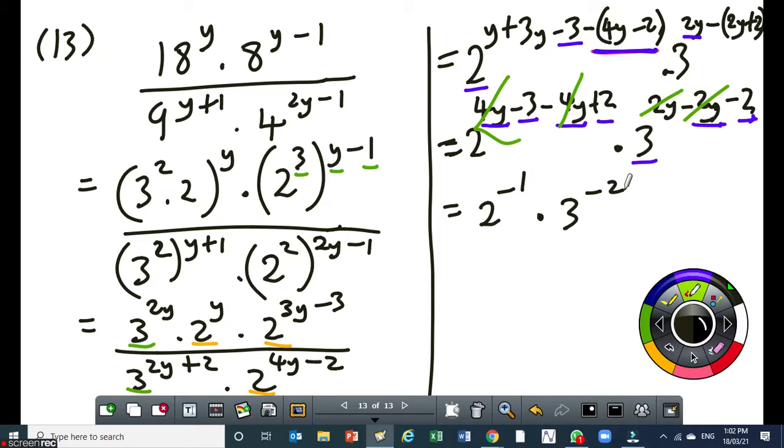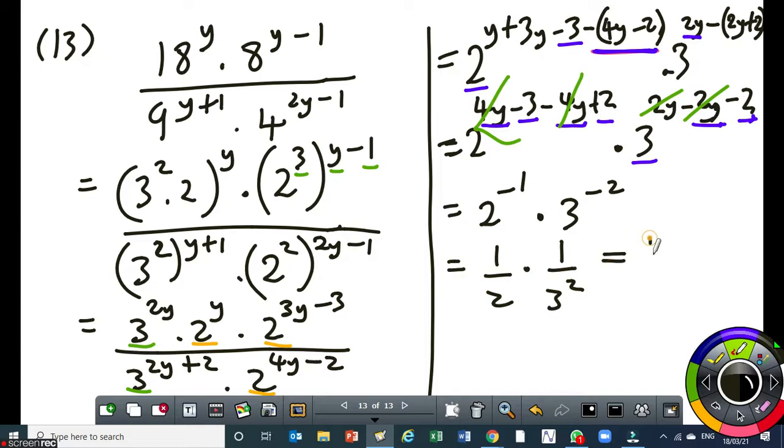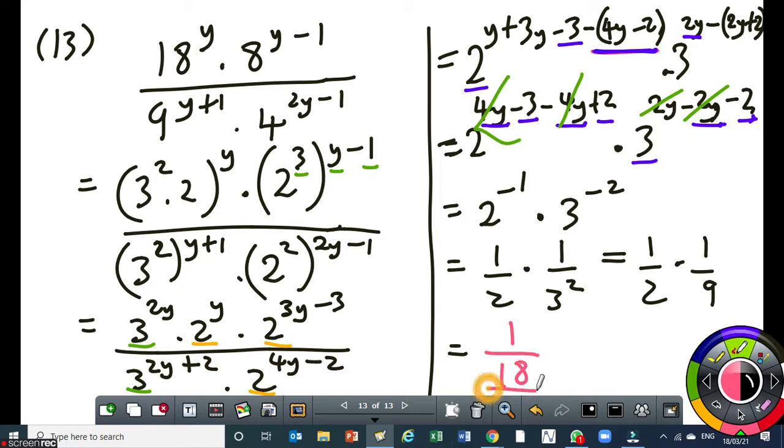Now, that 2 to the power of minus 1 times 3 to the power of negative 2 is not the final answer, so I have to use definition number 3. So this will become 1 over 2 times 1 over 3 squared, which is equal to a half times 1 over 9. And the final answer is going to be 1 over 18.